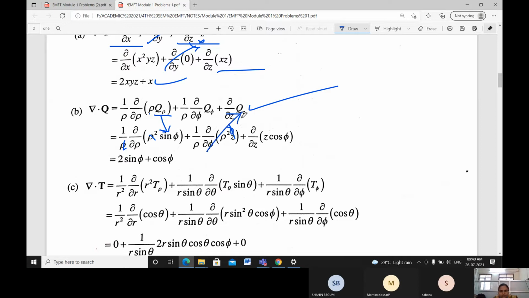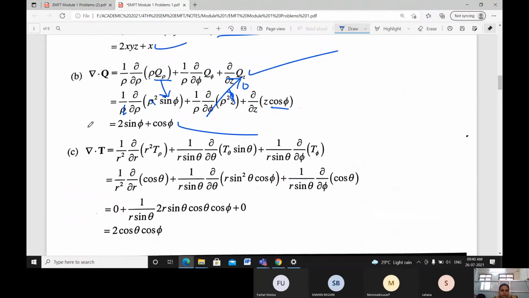For that reason the whole thing is 0 only. Differentiation of a constant is 0. Then with respect to z, dou by dou z of z is 1, and cos phi is a constant value. Therefore you will get 2 sin phi plus cos phi.